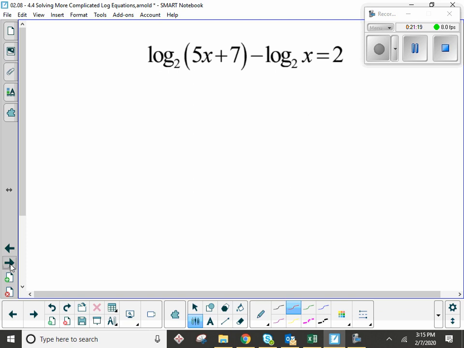All right, here's this method. Now, this is one of the multiple logs. The thing you need to ask yourself is, is it multiple logs with a constant or without? With. So if it's with a constant, this is where you compress to 1 log, and you have some stuff in here, equals 2.